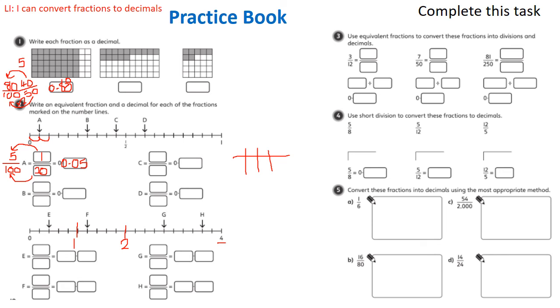Question 4, using short division. Remember, your denominator becomes your divisor, the number that you are dividing by. Then finally, question 5, convert these fractions to decimals in the most appropriate way. So that is your choice, whether you can convert them to an equivalent fraction or whether you divide.